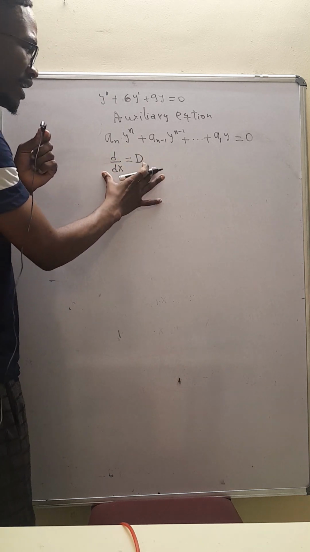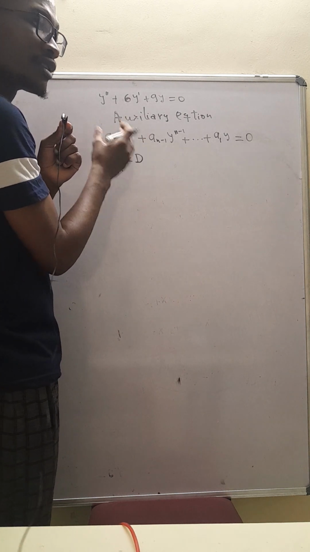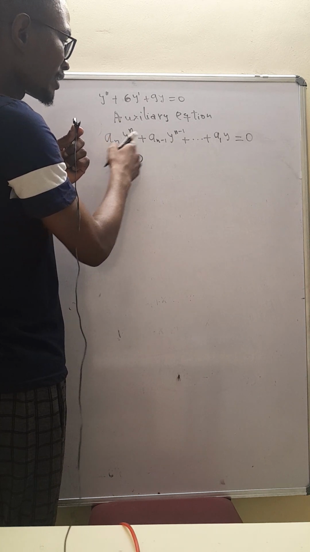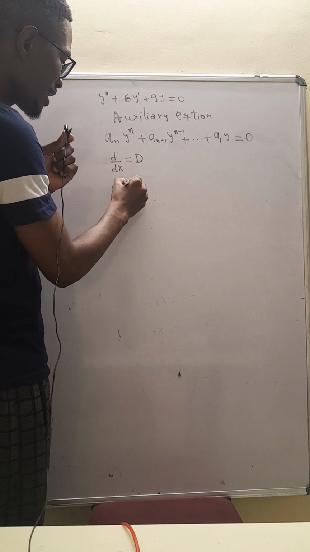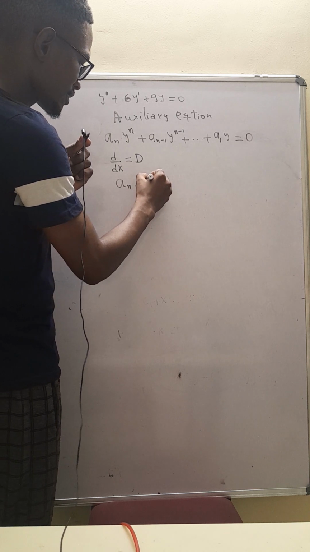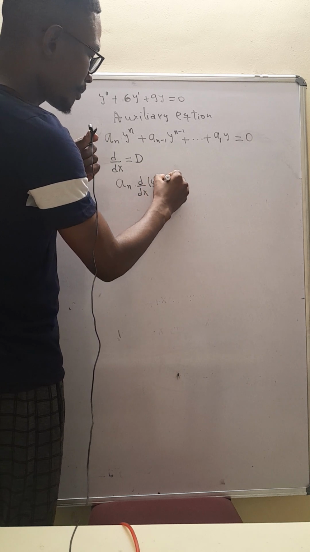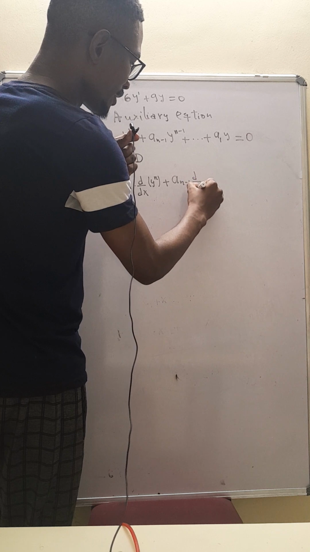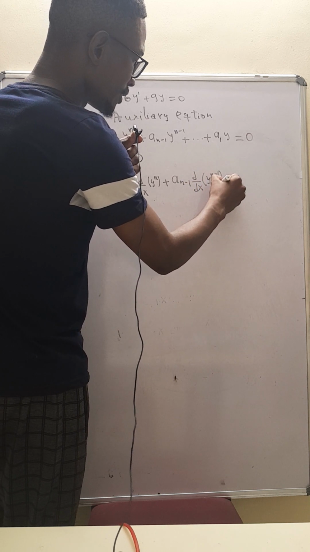So what do we mean by that? We know that the n in y raised to n is the order of the differentiation. So if I want to write this expression, it is the same as a_n (d/dx) raised to n y, plus a_(n minus 1) (d/dx) raised to n minus 1 y, and so on.